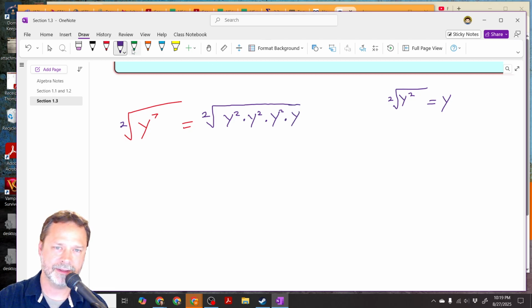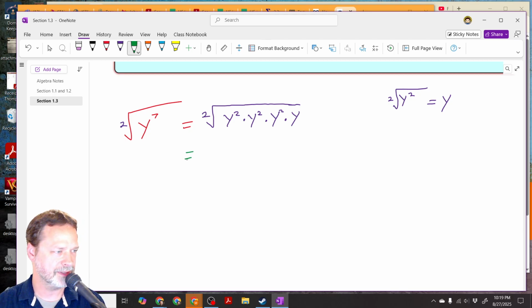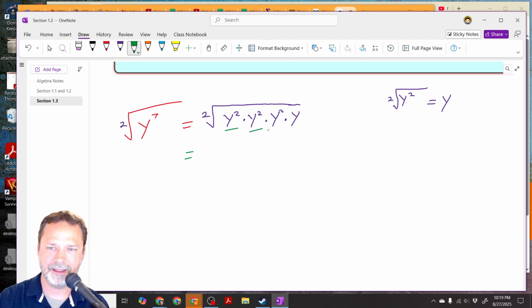I've talked about this a little bit before, so I'm tempted to skip to the shortcut I've mentioned. How many y squareds could I get under here? Since I have a square root, I want y squareds. There were 7 y's underneath the radical, and I can get groups of 2. There are 3 groups of 2.